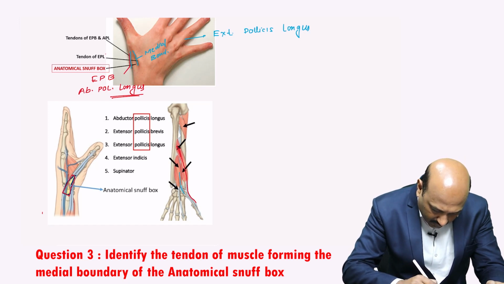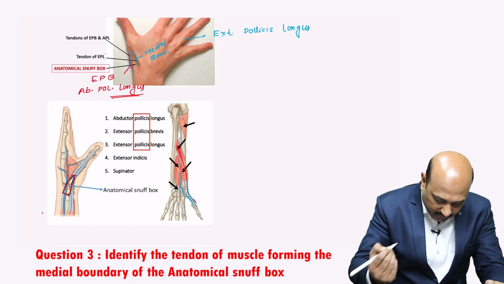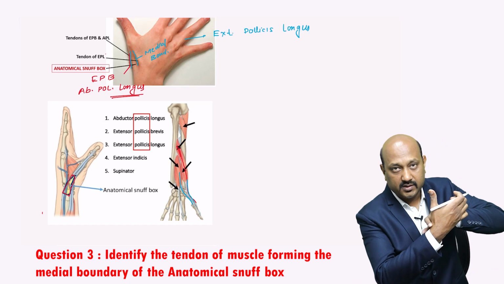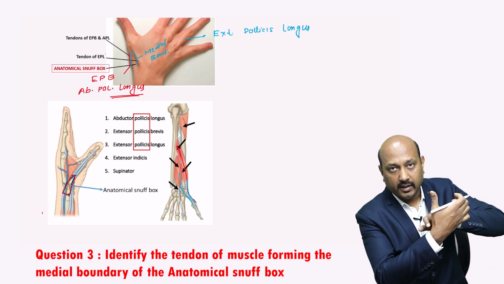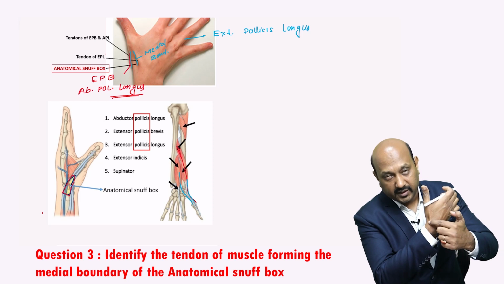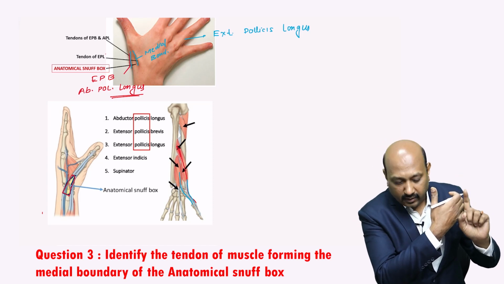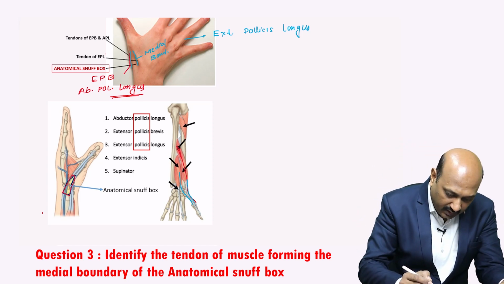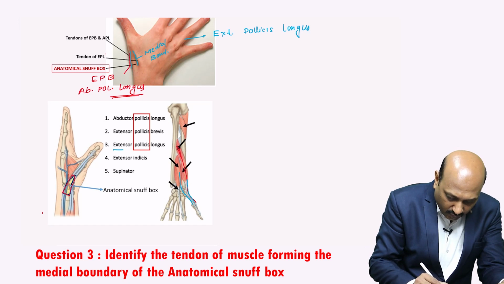These are the tendons of abductor pollicis longus, not abductor pollicis brevis, and the extensor pollicis brevis. These two tendons make the lateral boundary, and the medial boundary is formed by the tendon of only one muscle, the extensor pollicis longus. We can see it here.